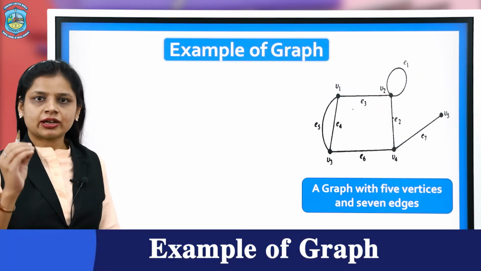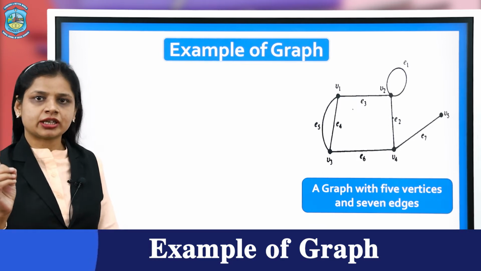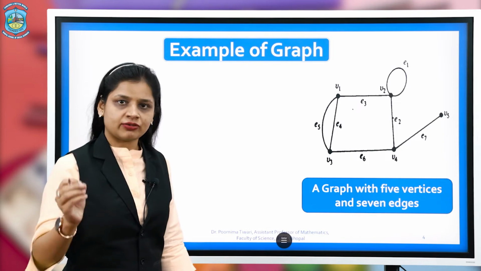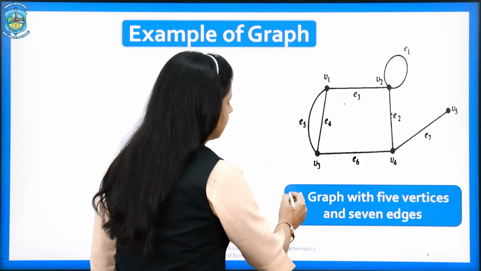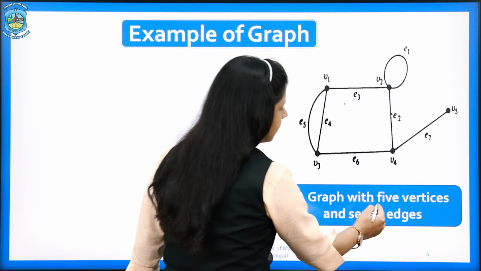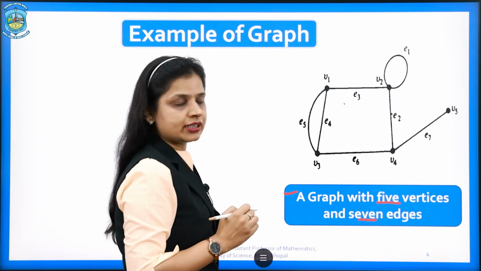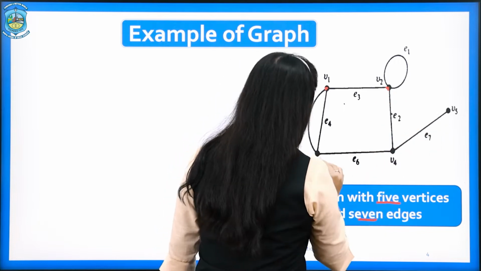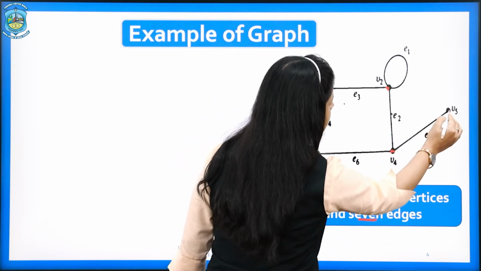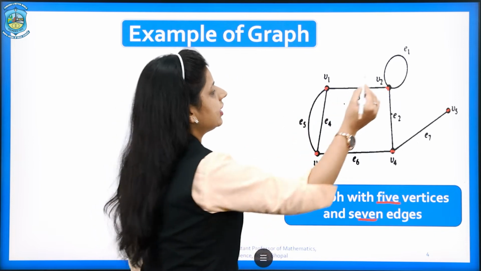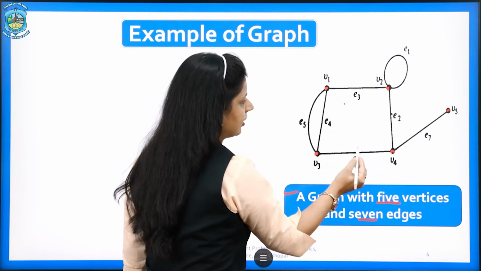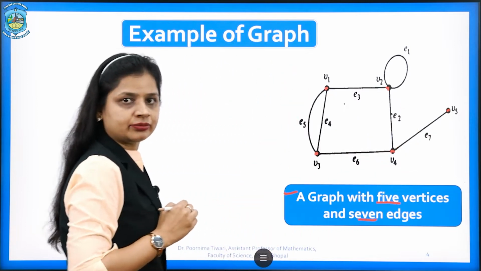A graph has two types of representation, one in a form of diagram which is called graphical representation. Now this is a graph with 5 vertices and 7 edges. Vertices are V1, V2, V3, V4 and V5 and edges are E1, E2, E3, E4, E5, E6 and E7.